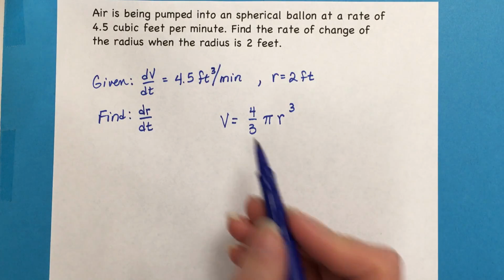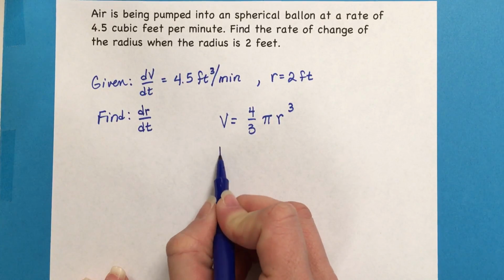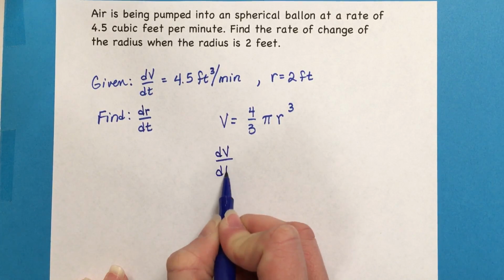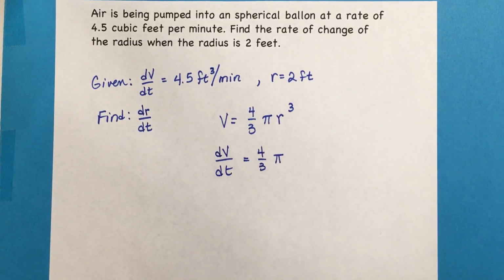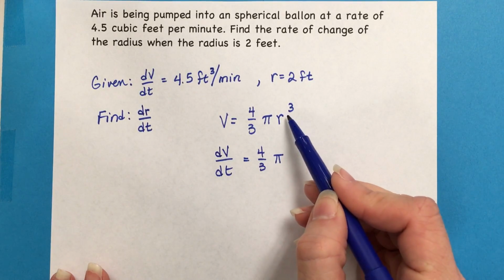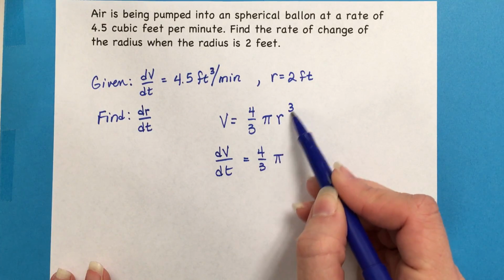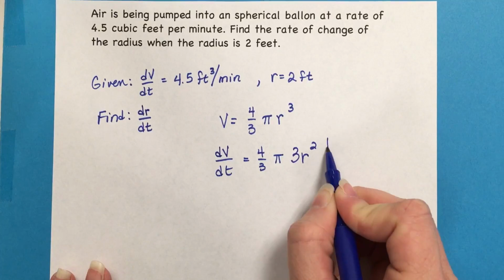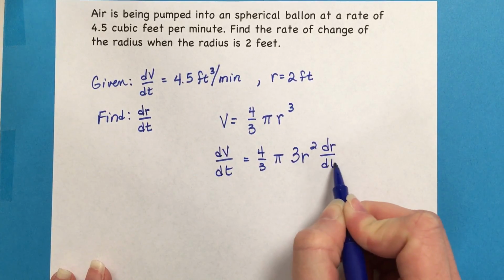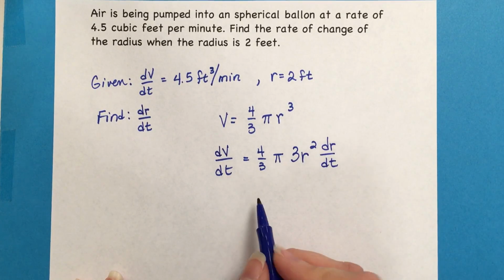Okay, so taking the derivative of V with respect to time. Now 4/3 pi, that's just a constant multiple, remember. So now you're going to take the derivative of r cubed using your power rule, so that would be 3 times r squared dr/dt. Okay, so let's substitute in what we know.